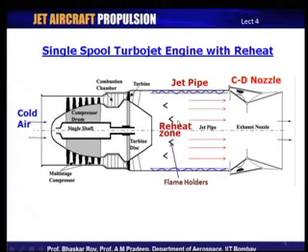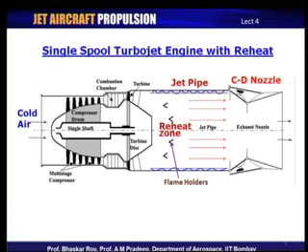Since you do not have a turbine, the temperature introduced by the reheat can be much higher than what you can do through a normal combustion process, because there the temperature you can raise it to is somewhat limited by the capacity of the turbine blade material to withstand high temperature.